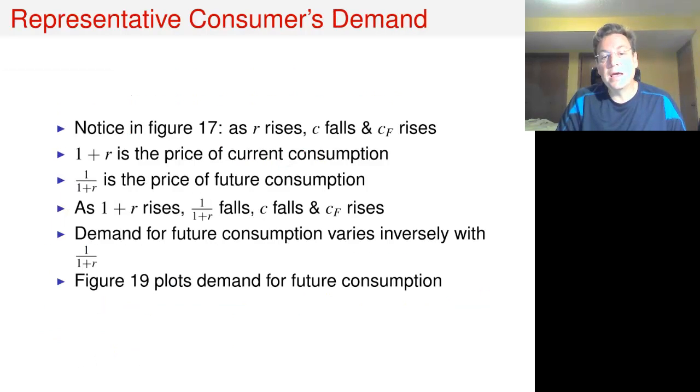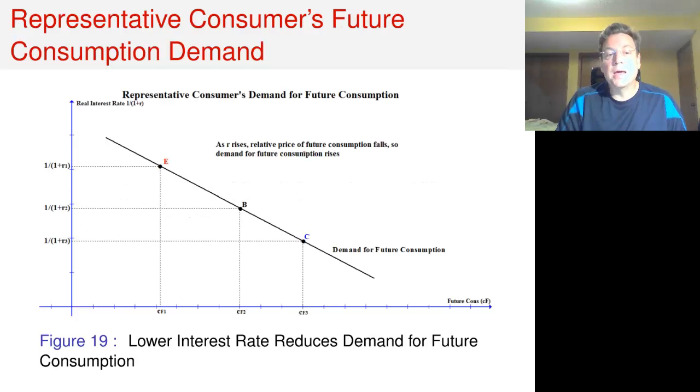We could instead plot the demand for future consumption. But now the relative price, instead of being 1 plus R, is the inverse of that. It's 1 over 1 plus R. And so now with R1, R2, and R3, the 1 over 1 plus R is in reverse order.